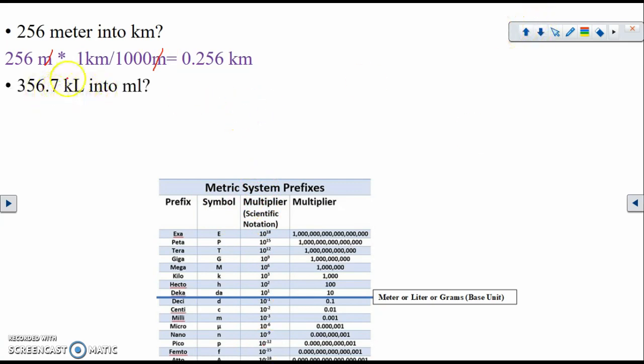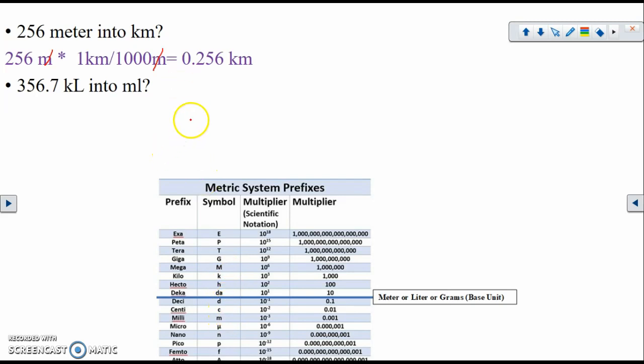Here we go, a different example: kiloliters into milliliters. Kiloliters is right here, and we're going to milliliters, which is right here. So you don't count where you're starting from. So you go 1, 2, count the dark blue line, 3, 4, 5, 6. There's a 6-fold difference between kiloliter and milliliter.